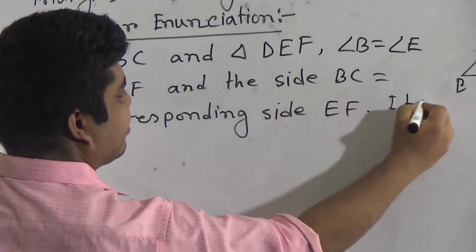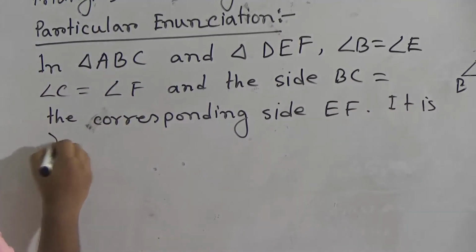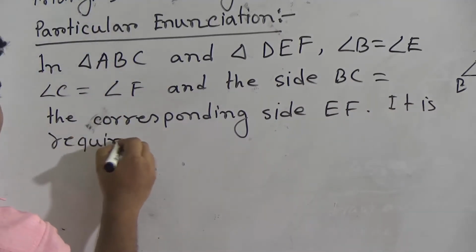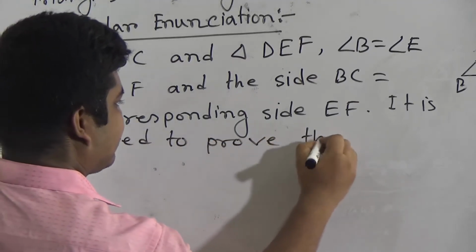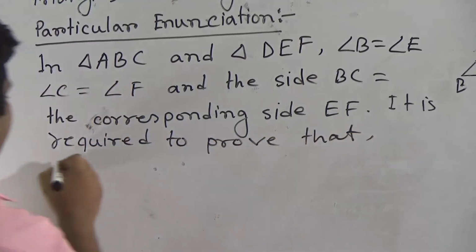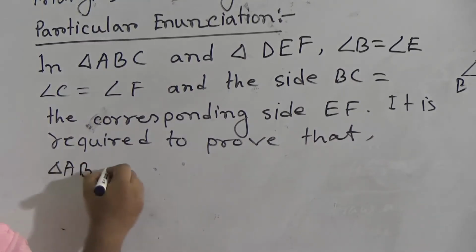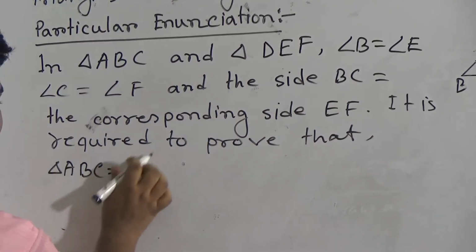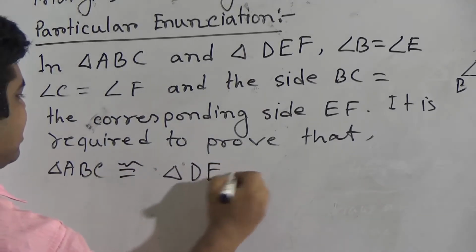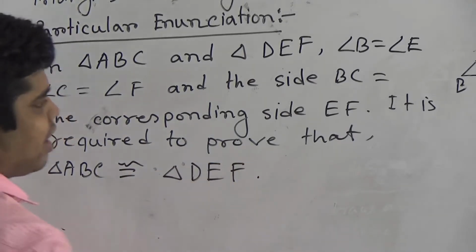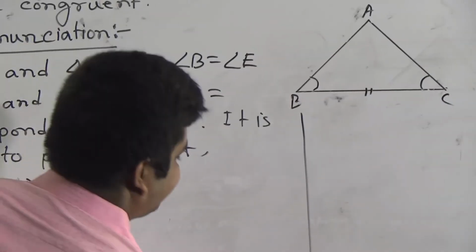So, it is required to prove that triangle ABC is congruent to triangle DEF. I hope you have understood.